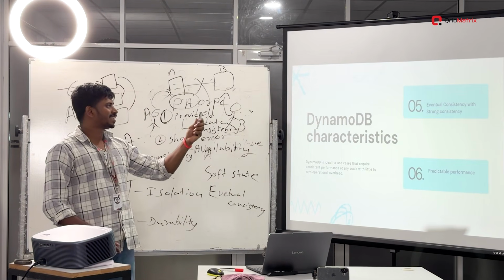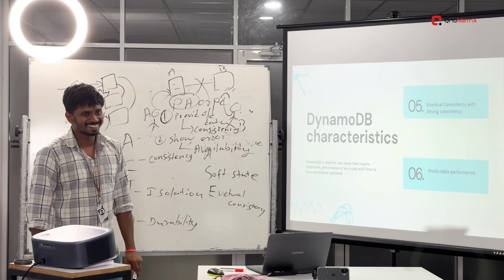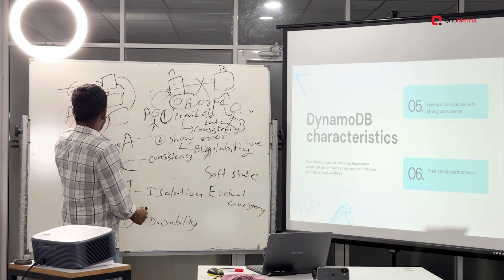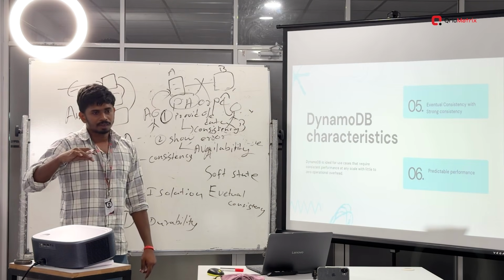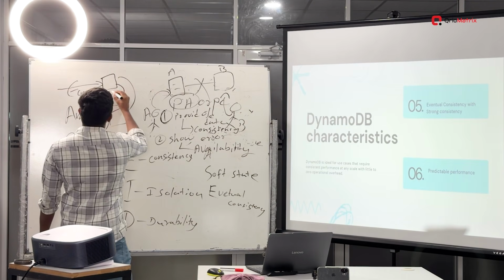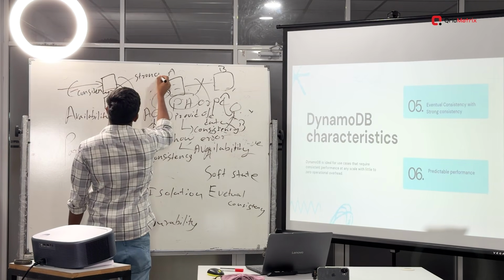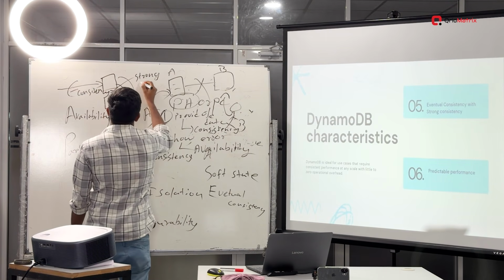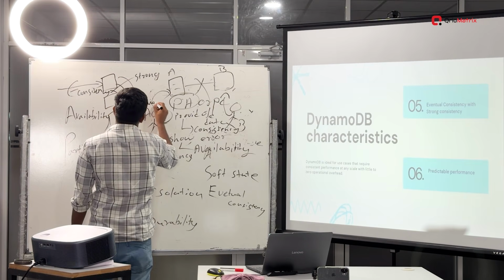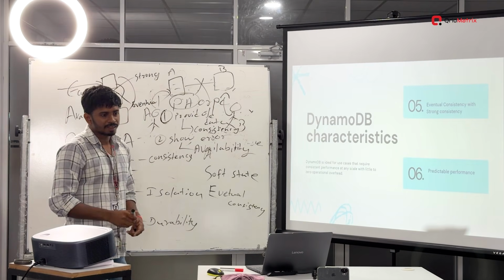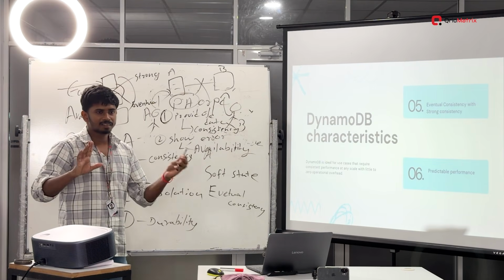So now you may have a question: what is eventual and strong consistency, right? We discussed consistency at a high level. This contains two types. One is strong, that we consider the actual consistency. The second one is eventual. Strong means when you update the data, at the exact time you will get the same data.